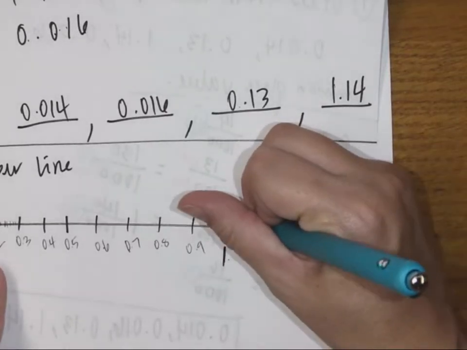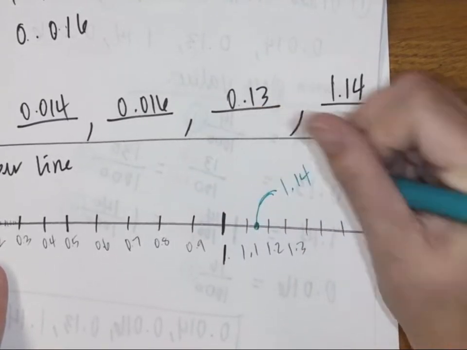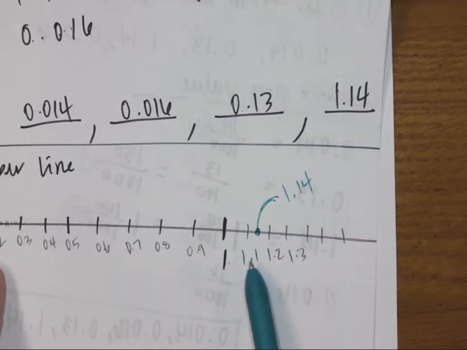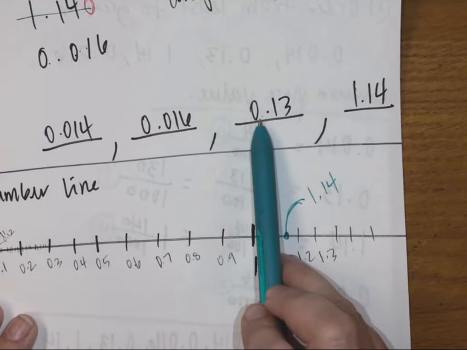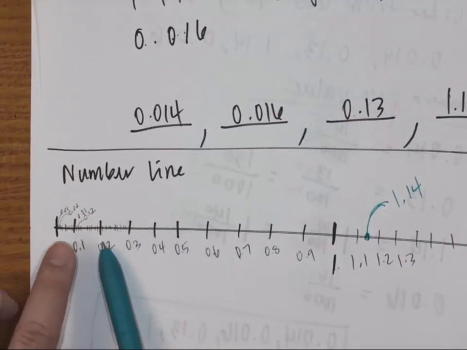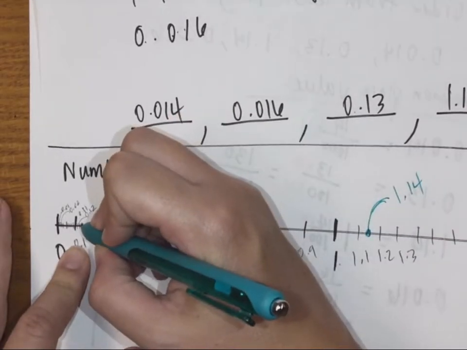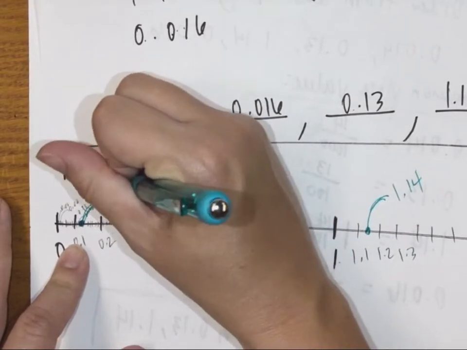So about right here. Then 13/100 would be in between 1/10 and 2/10. It would be the third little tick mark right here. So the third tick mark right there would be 13/100.